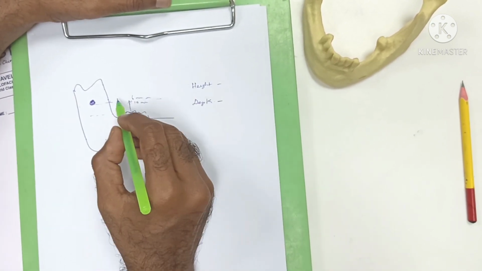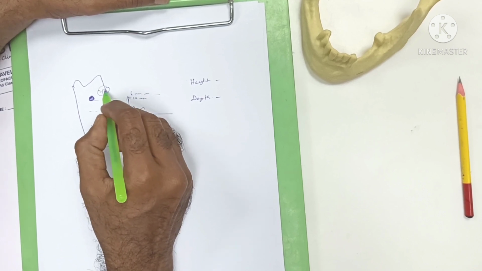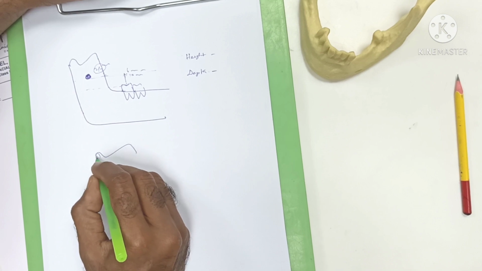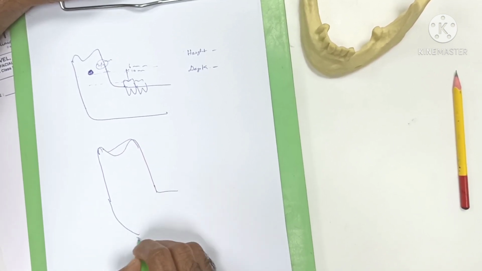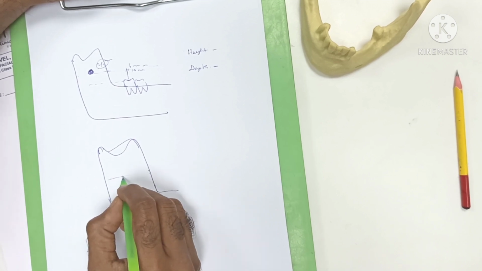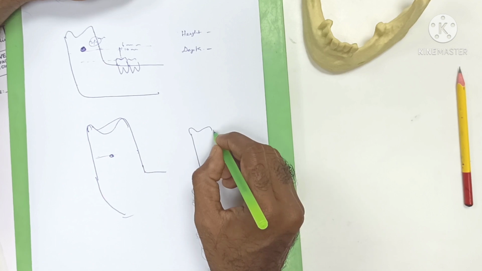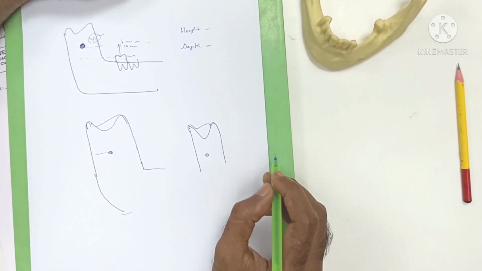The depth is about 2/3 of the width of the ramus from the anterior border. If the ramus is very wide, it will be located here at 2/3. If the ramus is very small, it will still be about 2/3.